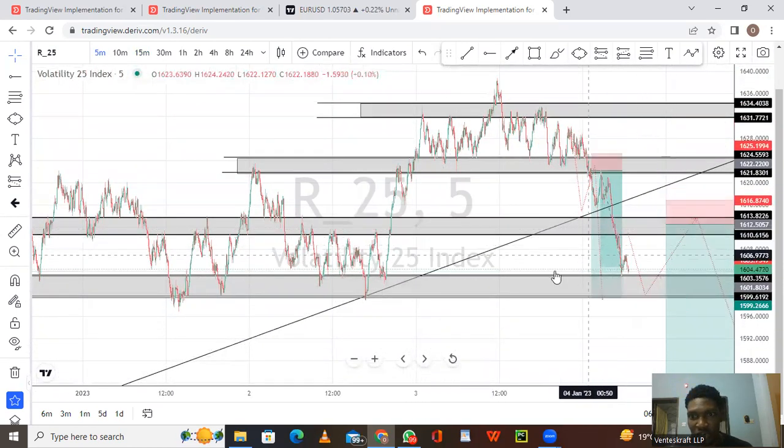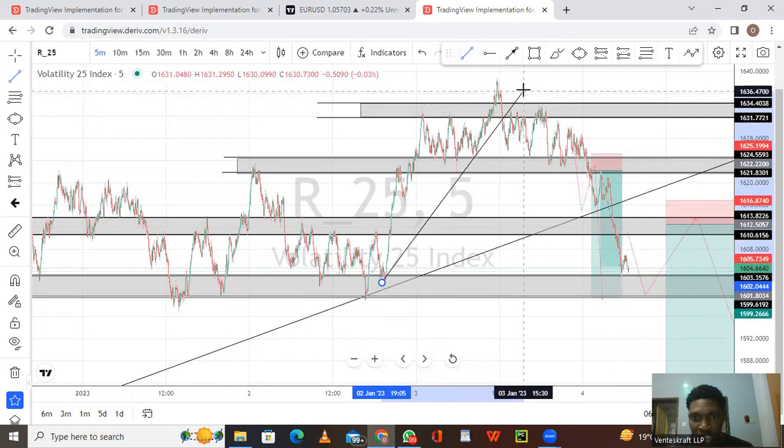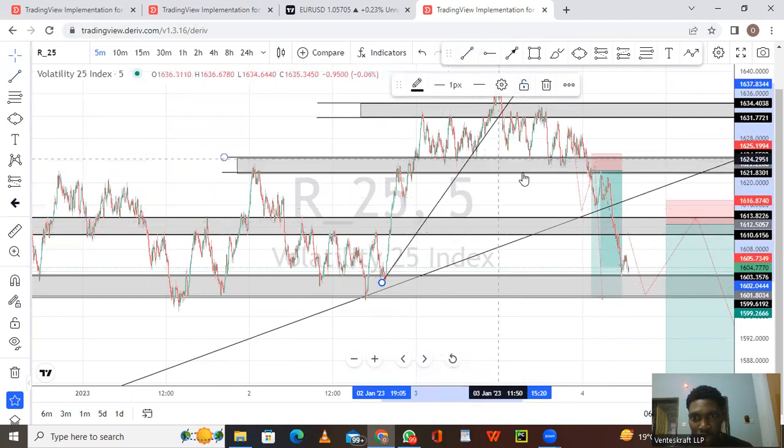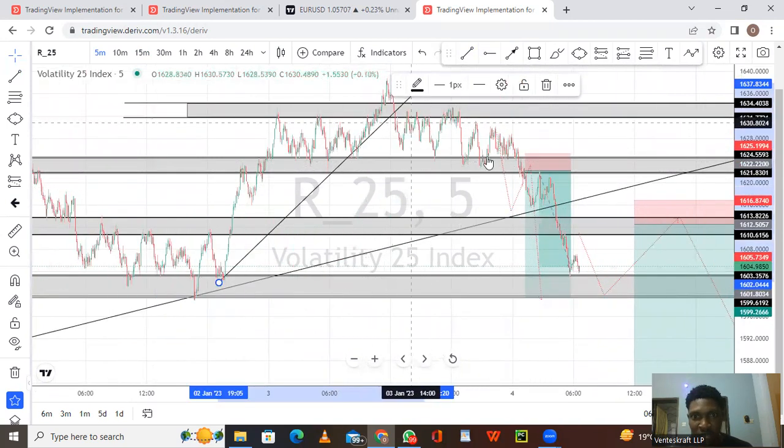Remember, there was a trend line on the 15 minutes. On the 5 minutes as well, I was able to spot this trend line that was violated, although there's a bit of consolidation. But I know that once the trend line is broken, chances are this structure will be broken as well.